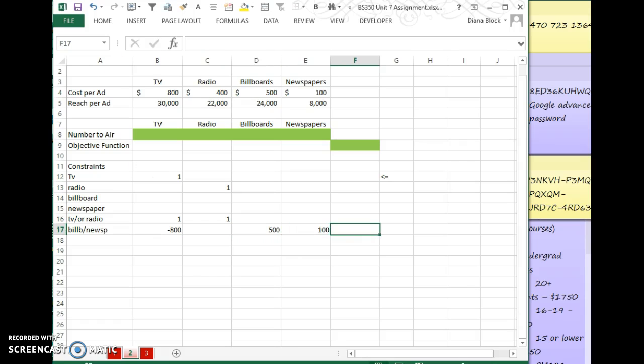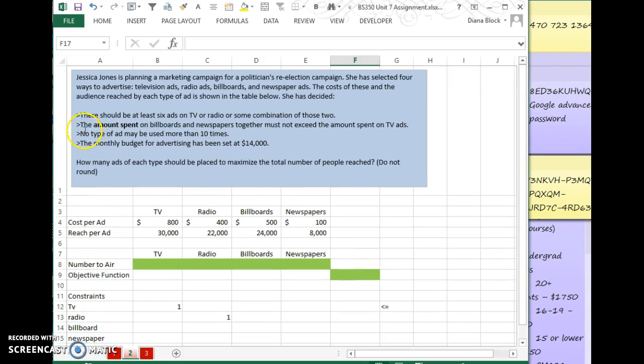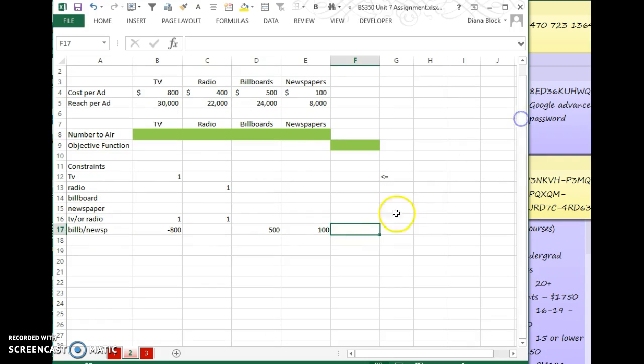And so what we're trying to do on this row is make sure this amount, the billboards and newspapers combined minus TV, should be less than or equal to 0. And that will tell you that the amount spent on the billboards and newspapers together does not exceed the amount spent on TV ads.